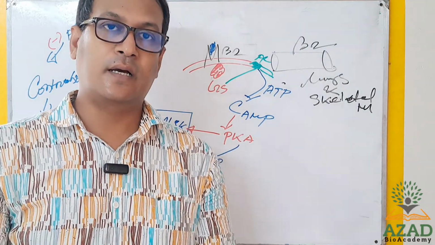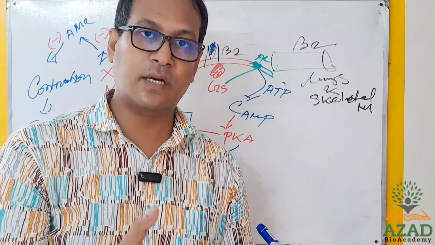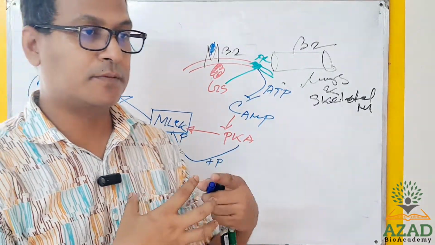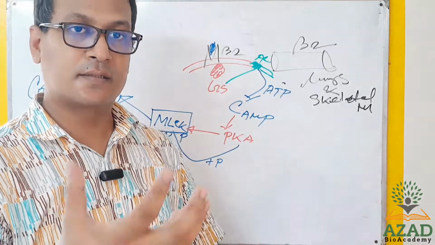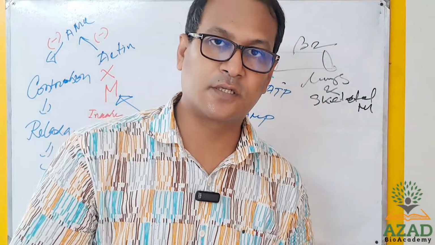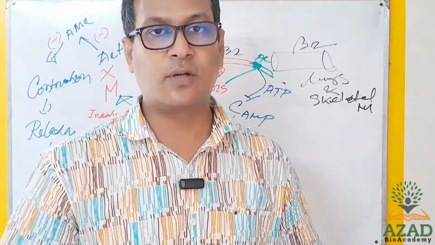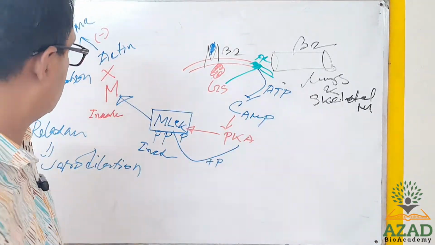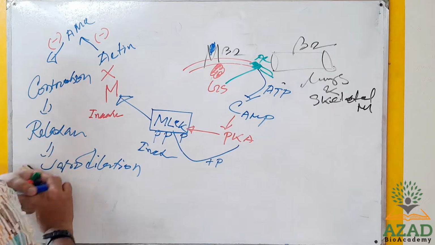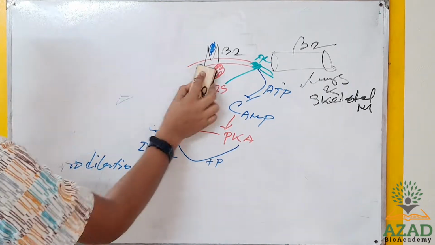That will be more functioning. Okay, and it will help to circulate the blood or oxygen to the skeletal muscle, and that skeletal muscle will just produce energy and it will help you to perform more. Okay, so this is like that.